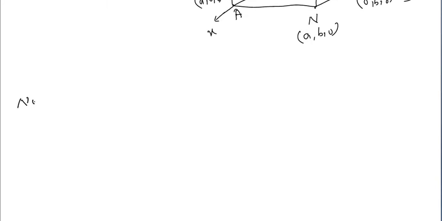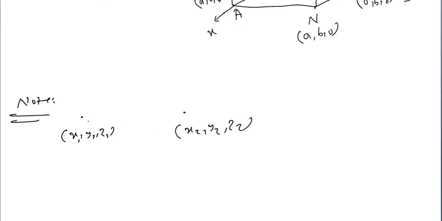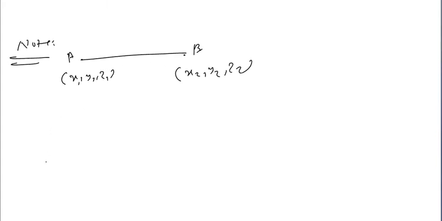First, a simple concept. Note: if the first point is (x1, y1, z1) and the second point is (x2, y2, z2), then the direction cosines along the line joining them, the line AB, you know the direction cosines. Let's remember this formula.